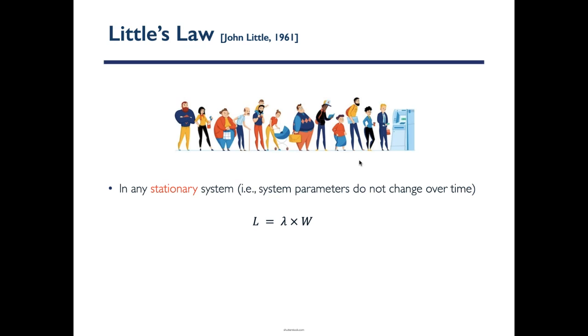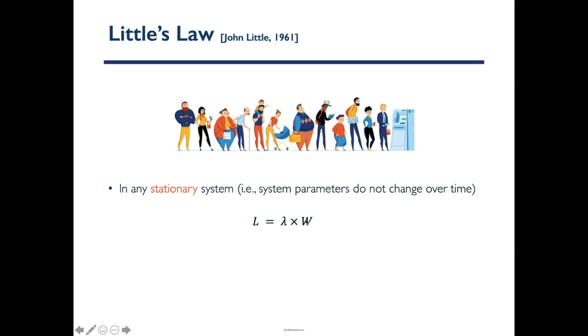So if you have a system where its parameters do not change, then you can describe the number of requests or customers or items in your system, the number of things in your system, that would be L, equal to your arrival rate times the time that each item spends in your system.